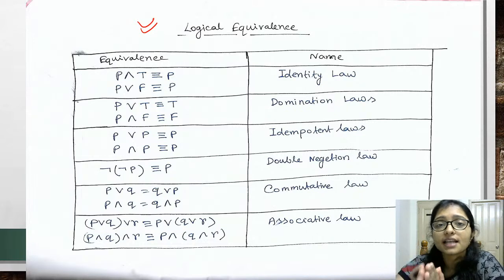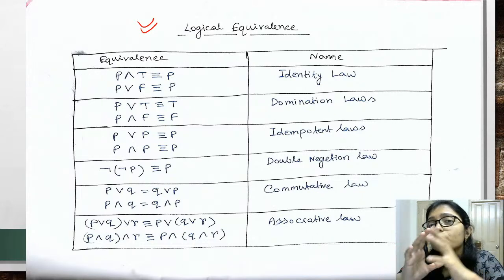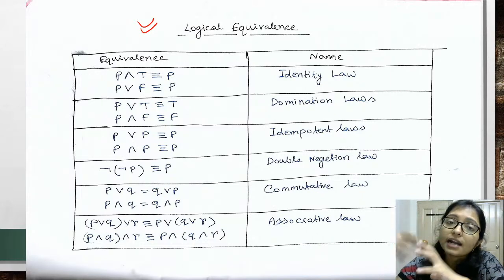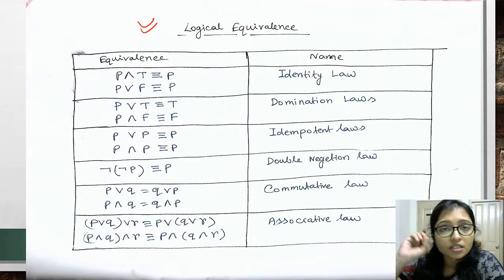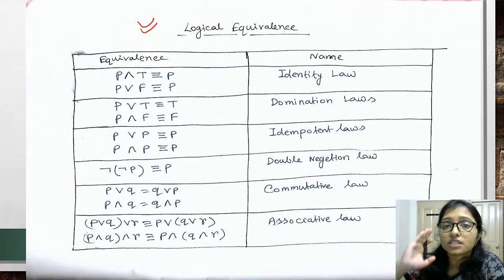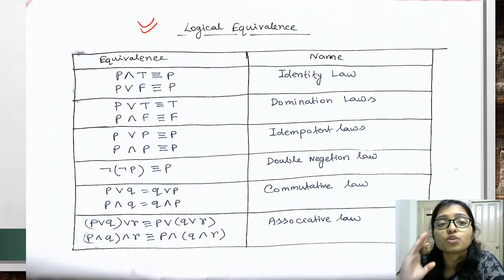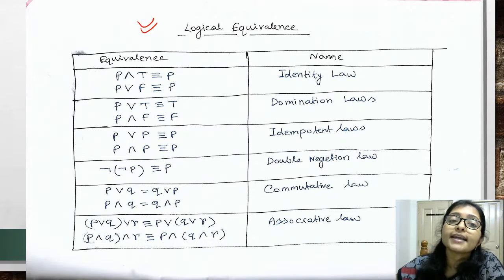So from this class, not only propositional logic, you are learning digital logic also. Try to relate, because it is the same concept, same rules, everything is same, only the signs change here.